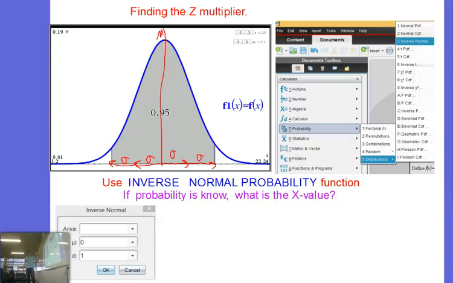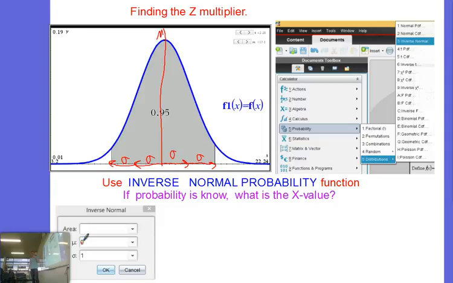So we're going to use what's called the inverse normal probability function. And it's found on your Kaz. It's basically saying, okay, give us a probability and I'll give you a value of x, or a value along the line. Okay, that's the inverse function.